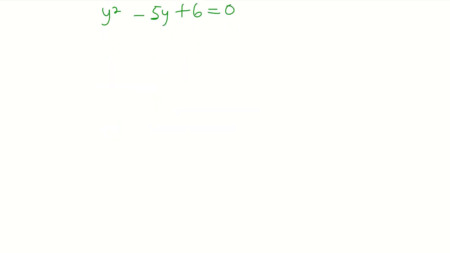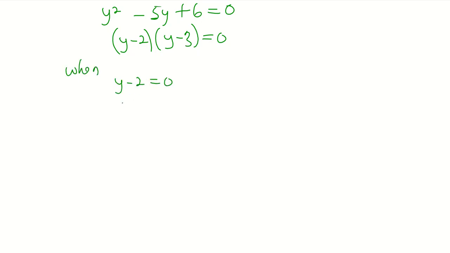So when we factorize the quadratic equation, we are going to get our roots as y minus 2, and we have here y minus 3, which is equal to 0. So now we can say that when y minus 2 is equal to 0, then we have y to be equal to 2. In the same way, when y minus 3 is equal to 0, then we have y to be equal to 3.